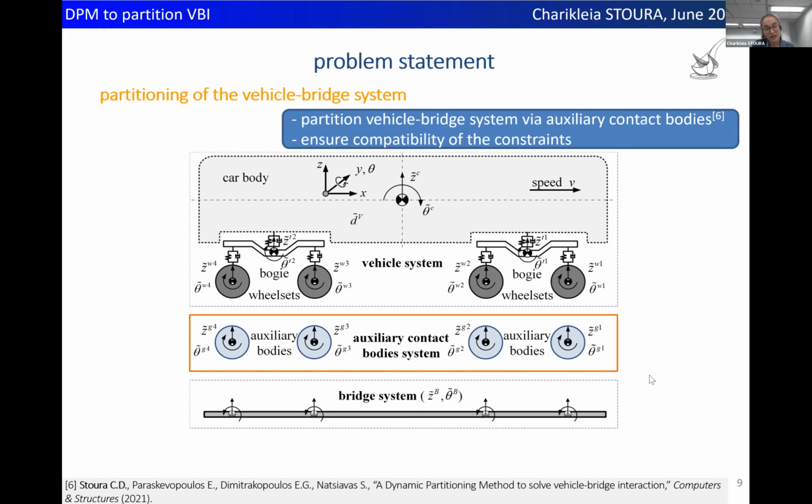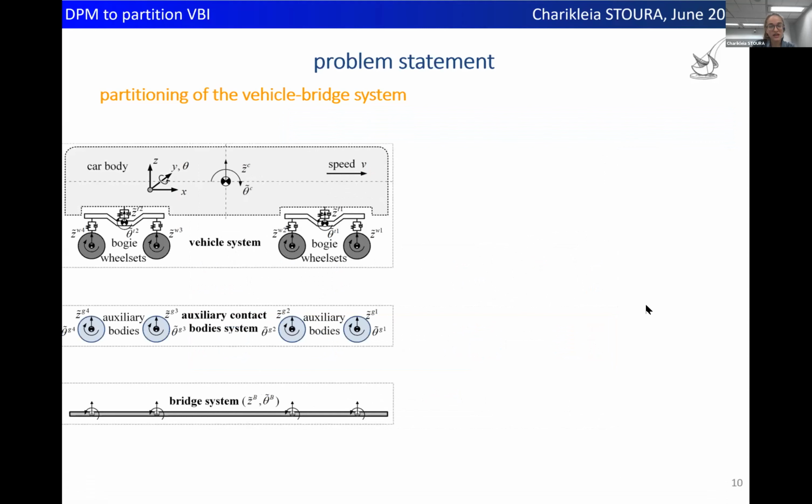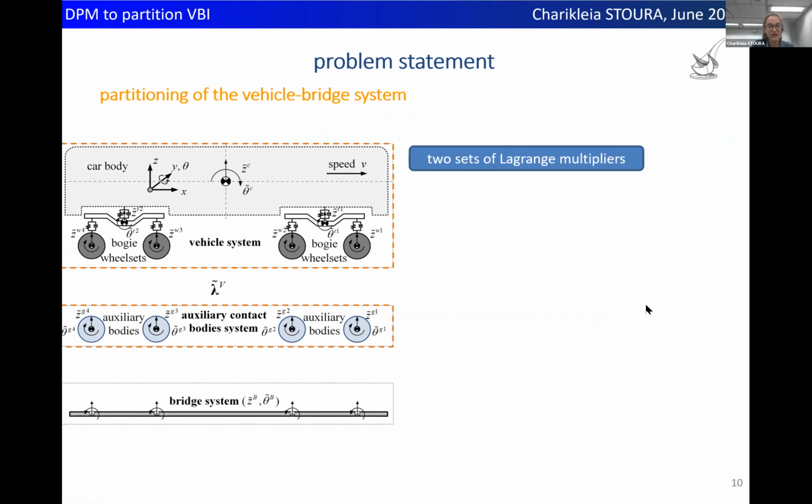At the same time, these auxiliary contact bodies ensure the compatibility of the system at its interface. More specifically, we introduce these auxiliary contact bodies, which allow the assignment of two sets of Lagrange multipliers, one between the vehicle and the auxiliary contact bodies, and one between the bodies and the bridge. Each one of the vehicle and bridge subsystems is assigned its own Lagrange multiplier, thus can be solved independently of the other.